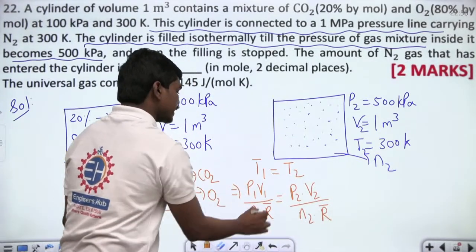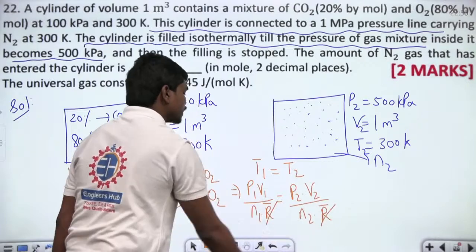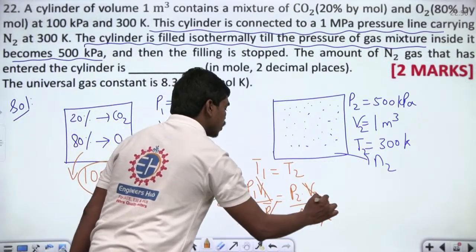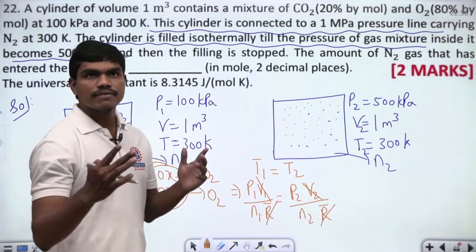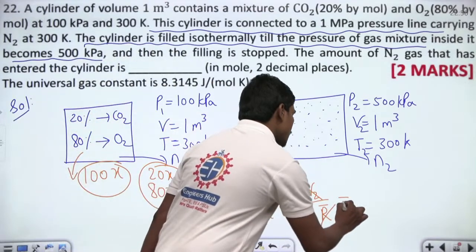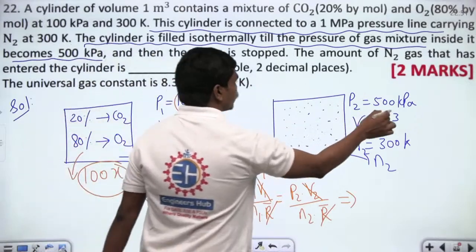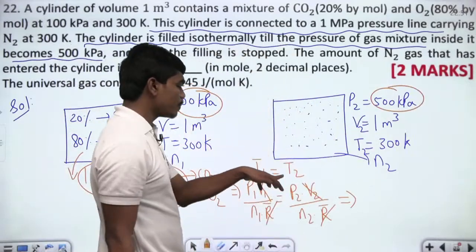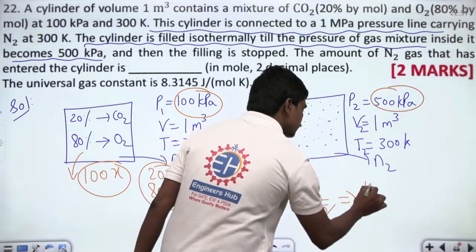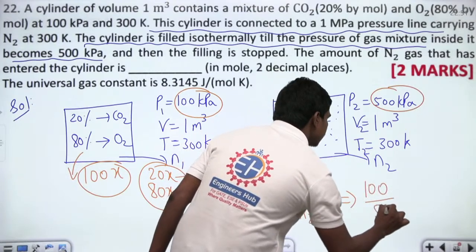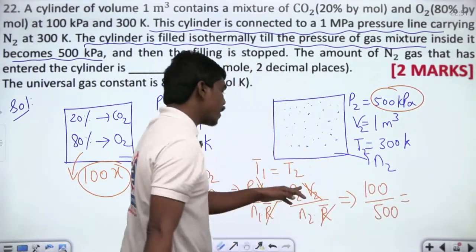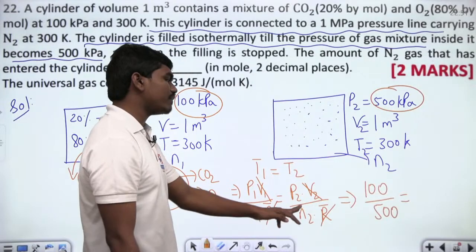Correct? In both cases the universal gas constant is constant and the volume of the tank is also constant. If this is the case, then P1 divided by P2: initially the pressure is 100 kilopascals and finally it came to 500 kilopascals. So 100 divided by 500 is equal to N1 divided by N2.